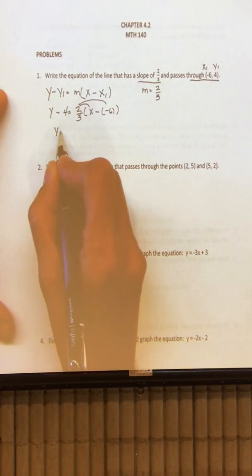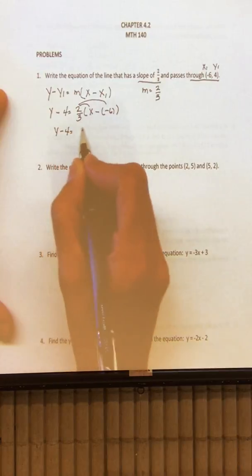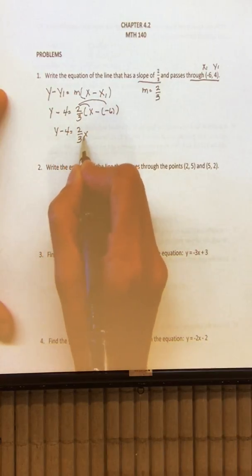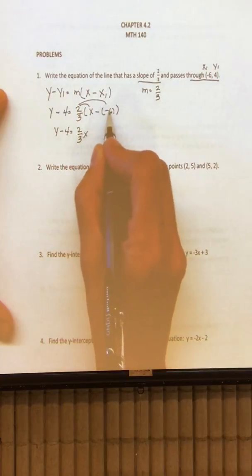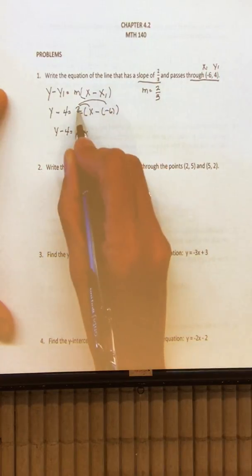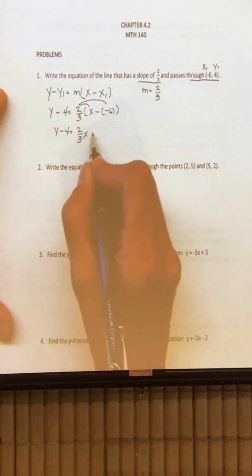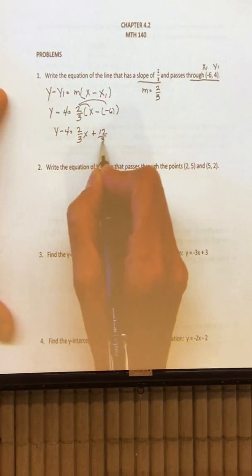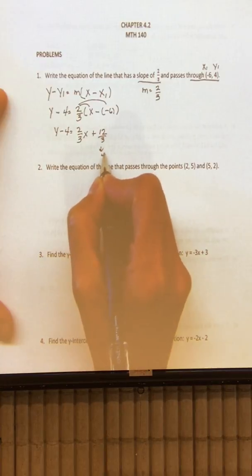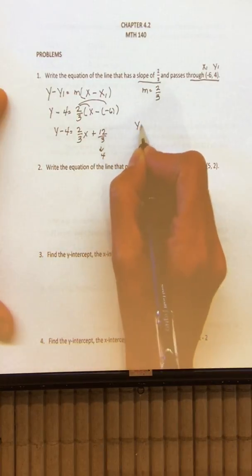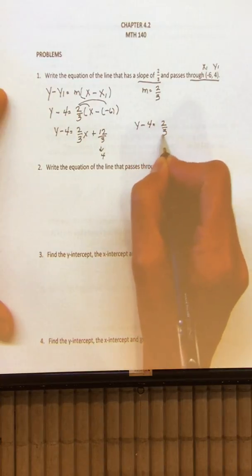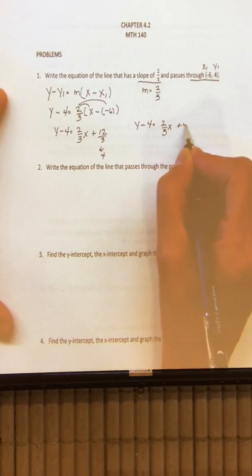So we have y minus 4 equals 2/3 x plus 2/3 times 6, which is 6 times 2, 12 over 3, which is 4. So we have y minus 4 equals 2/3 x plus 4.